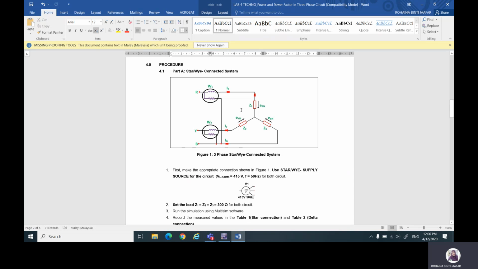Your load value is 300 ohm, and because the value is the same for all three phases, the system is a balanced system. First make the appropriate connection shown in Figure 1, so you do the connection in star connection.